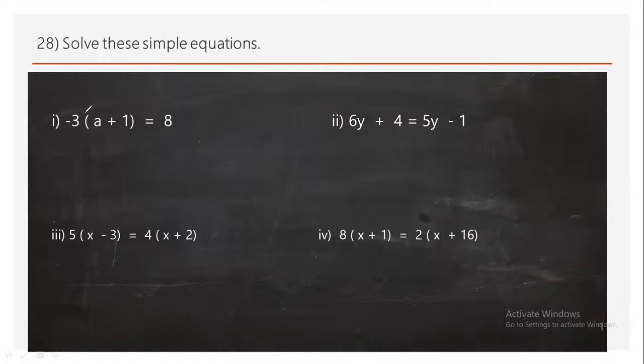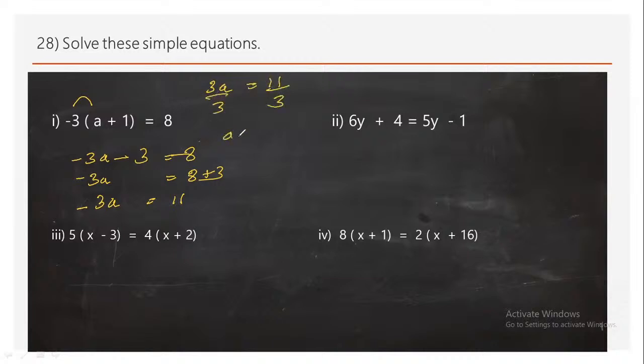Solve these simple equations. Minus 3 into a minus 3a plus 3 times 1, that is minus into plus, minus. Minus 3 equals 8. Minus 3a equals 8 plus 3. Minus 3a equals 11. When we divide, 3a equals 11 divided by 3.